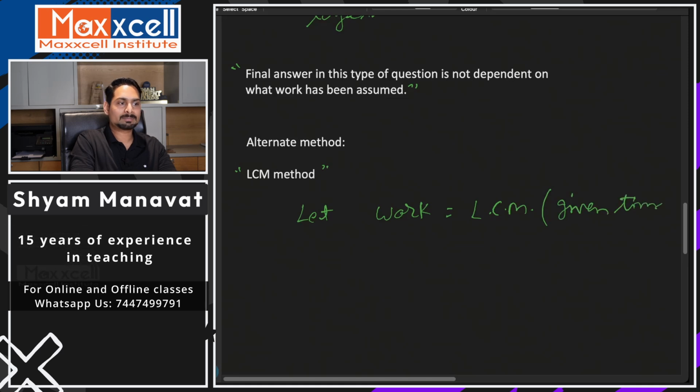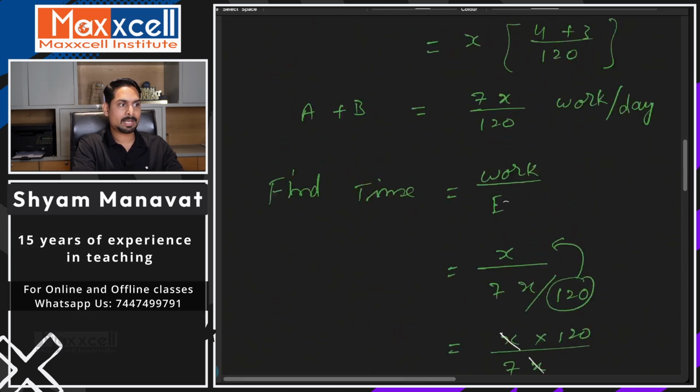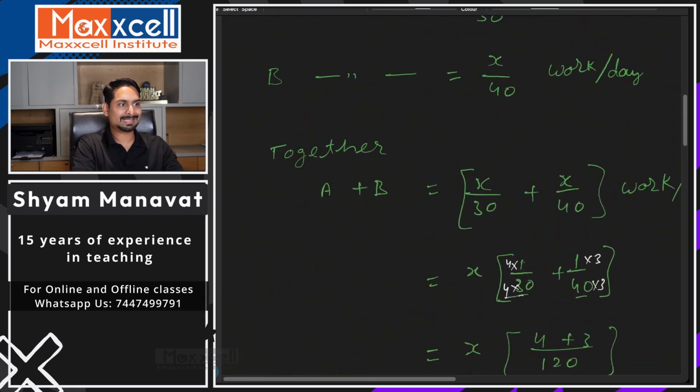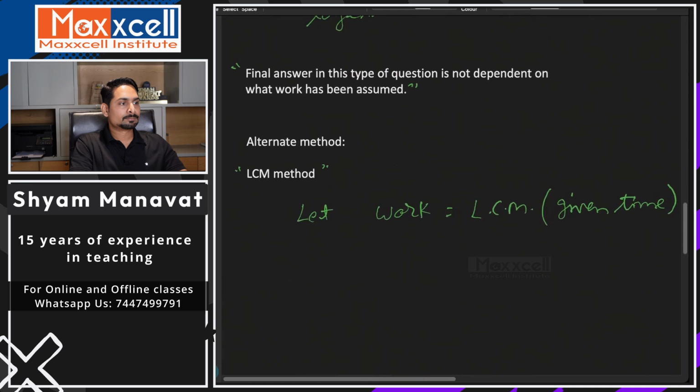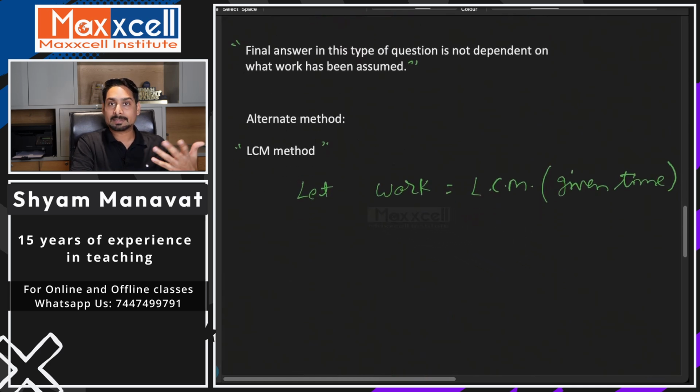The first method is also fine. We can also get the answer by using the same method in shortcut. What is shortcut? You skip some steps, then you will get the answer in fewer steps. Whereas here, this is another method. Let's see how we take it forward. Stay tuned.